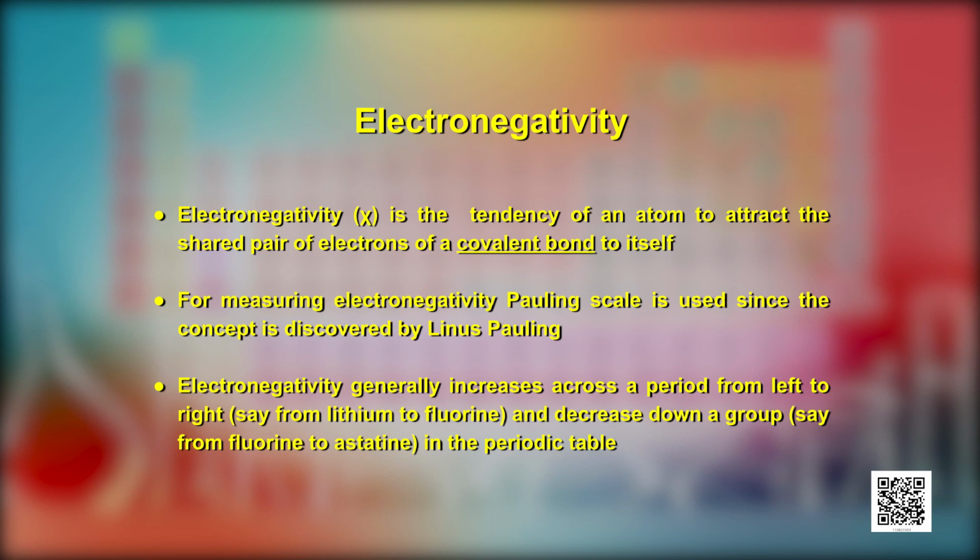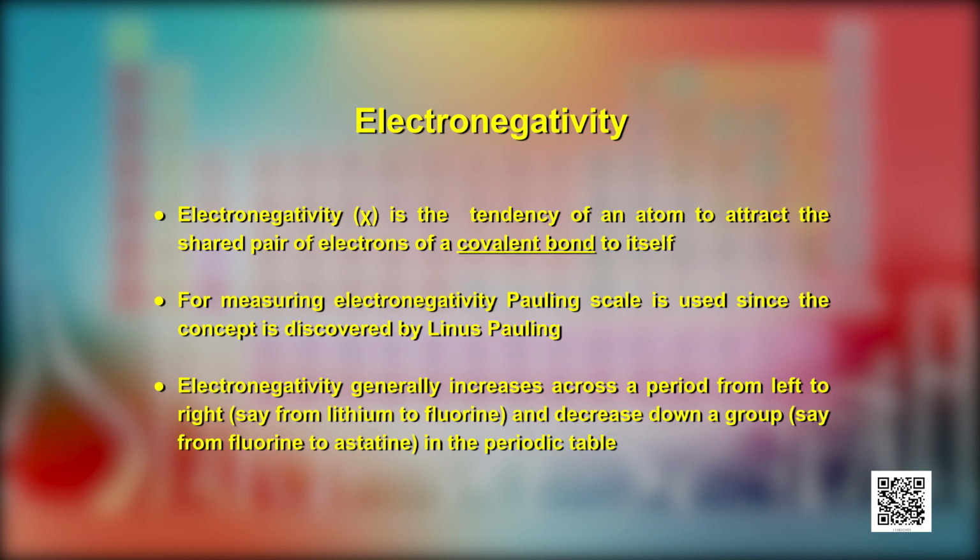Let us discuss another trend followed by another property called electronegativity. But before that, we need to understand what electronegativity is. In a bond between two different atoms, the respective pulls on the electrons of the shared pair are not equal. One of the atoms attracts the shared pair more strongly than the other.